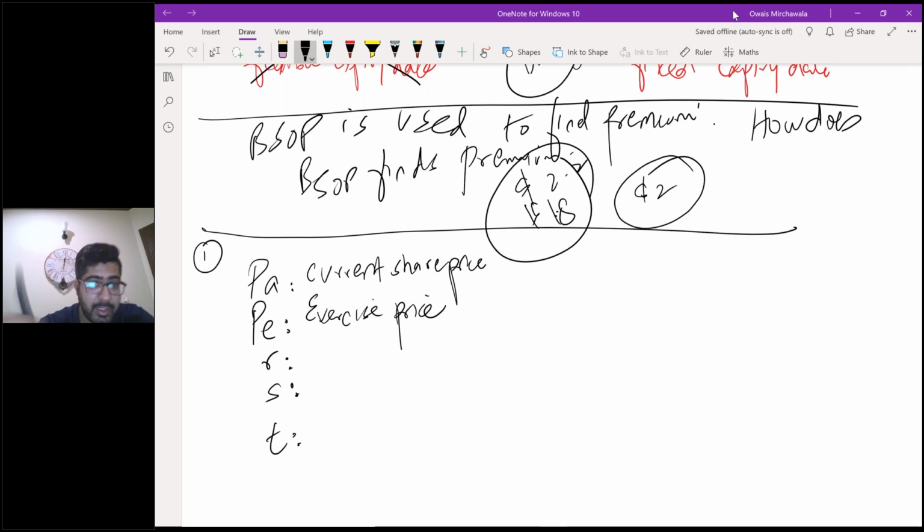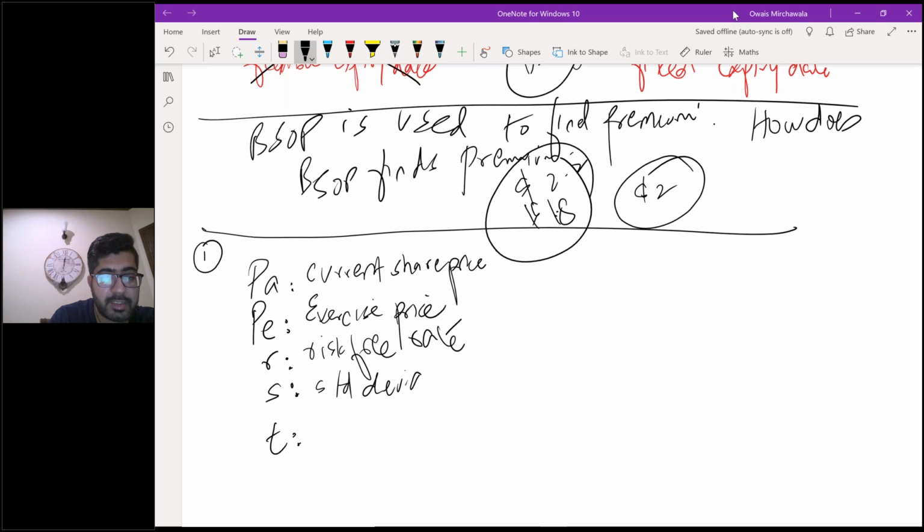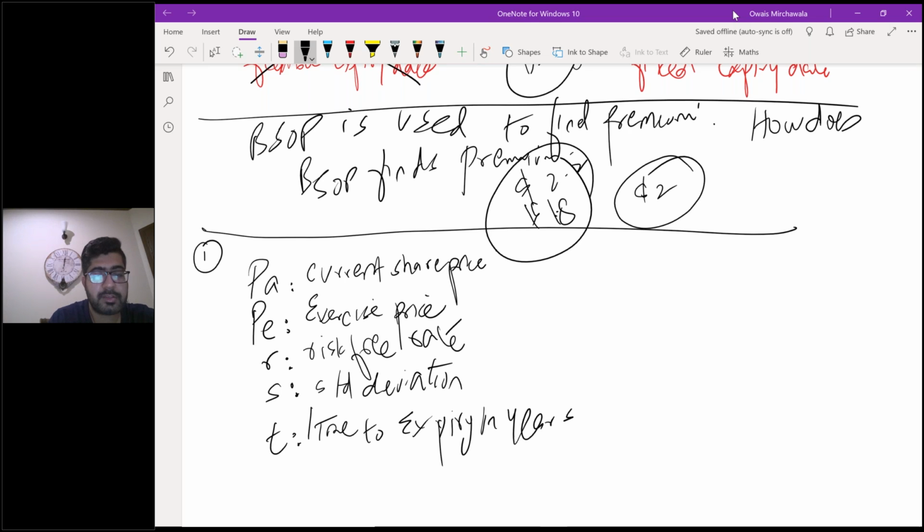R stands for the risk-free rate, whatever the risk-free rate in the market is. S is called standard deviation or volatility, because prices are usually volatile in the market. And T is the time to expiry in years.